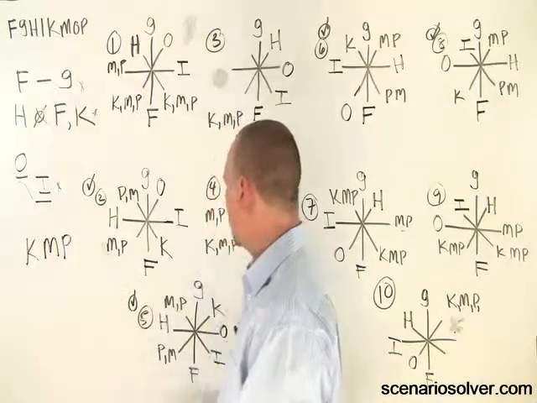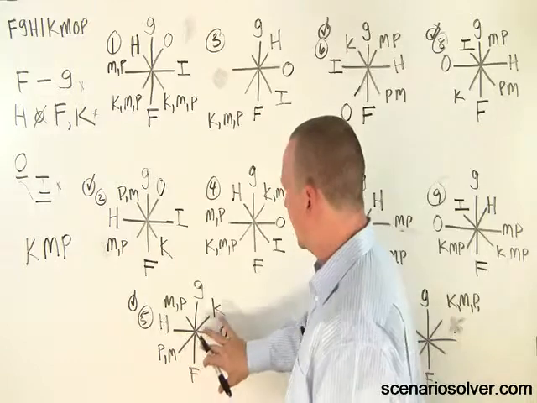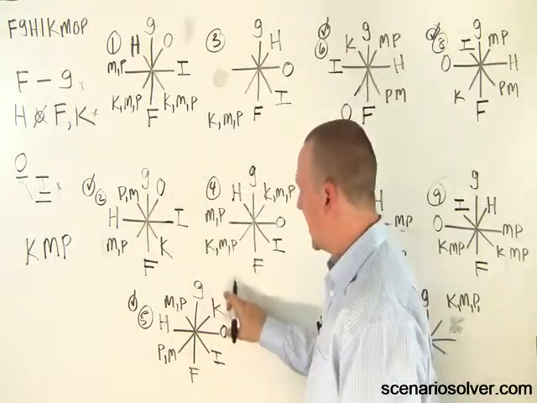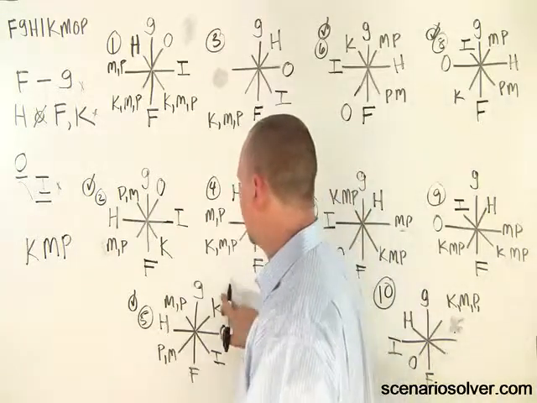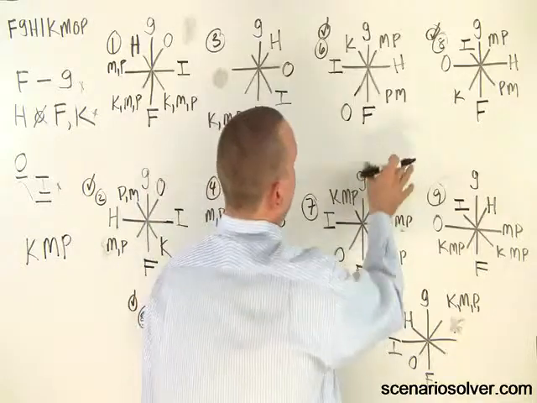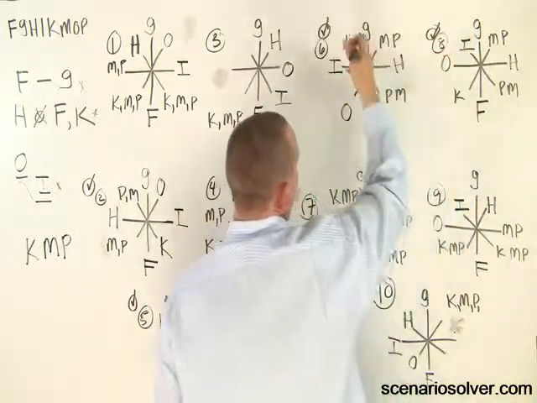Let's look at B, though. What can happen between F and P? Now, if you look at this setup, the only difference in these two setups is the OIK situation, so they're going to be very analogous to each other.